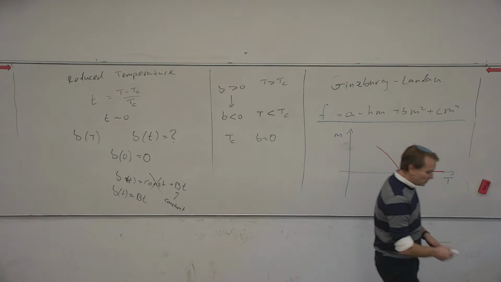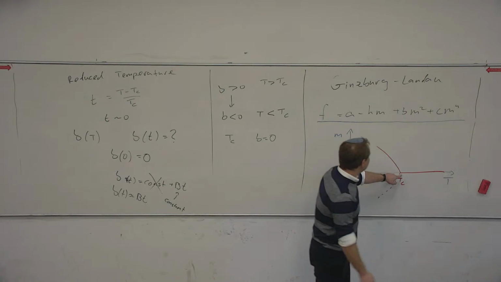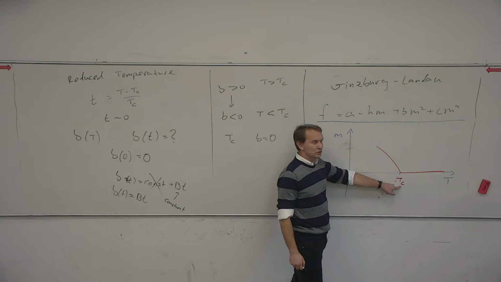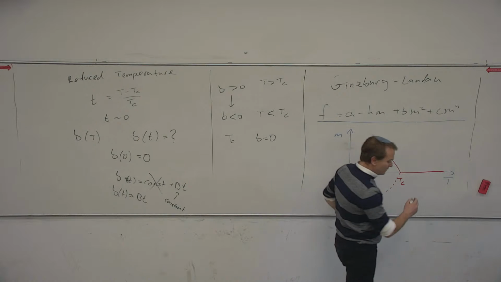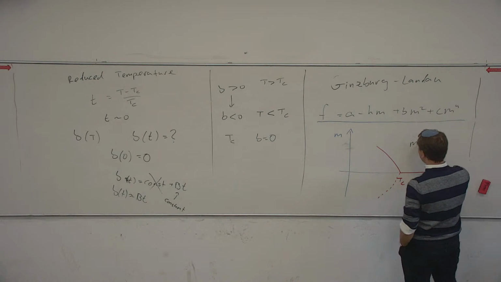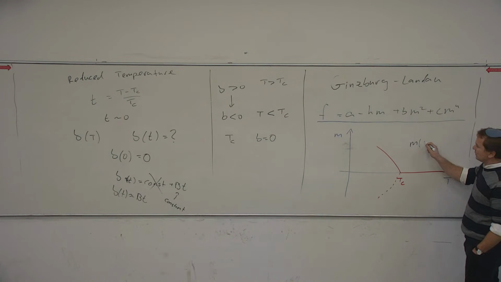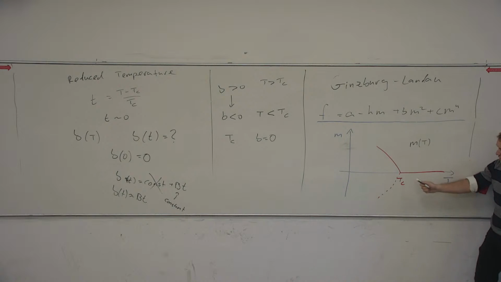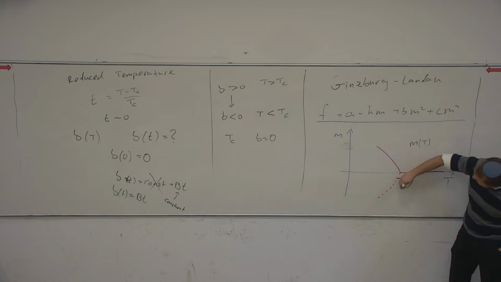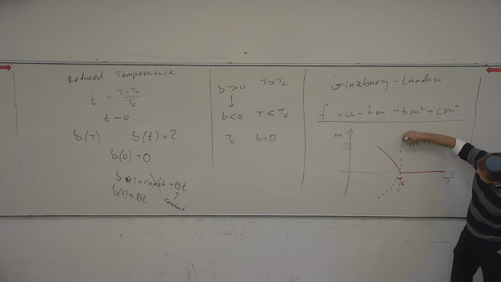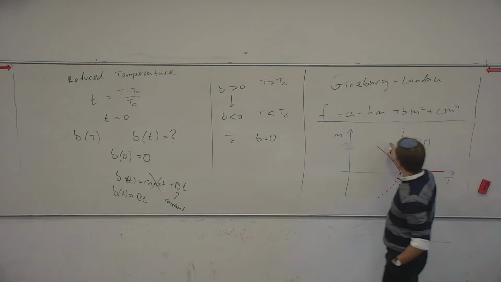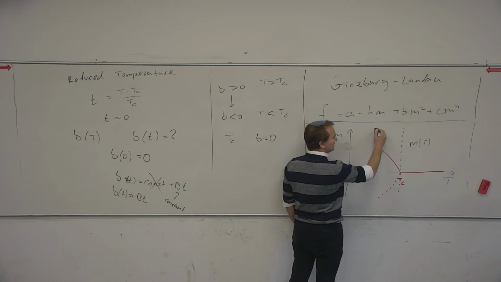So the question is, in the vicinity of the critical temperature, how does my magnetic moment depend on the temperature? I know that it goes like 0 over here. This is the paramagnetic state. This is very simple. But what happens in this ferromagnetic region?